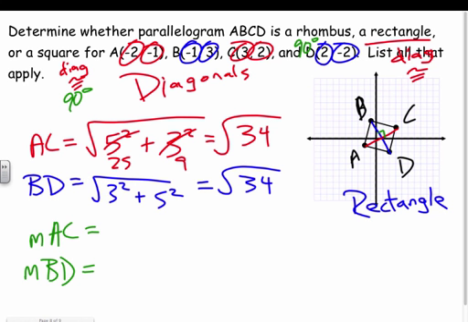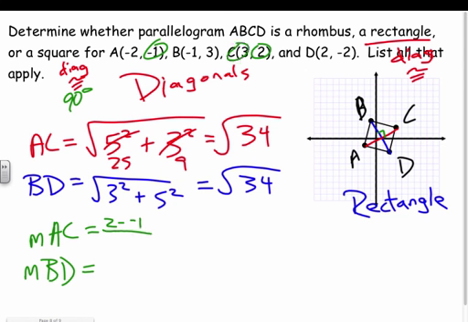So let's check it out. Slope of AC: subtract my y's on top, 2 minus -1, over subtract my x's on bottom, 3 minus -2. And we end up with 3 over 5, so 3/5. Then we do the same thing for BD. Check the slope of BD.